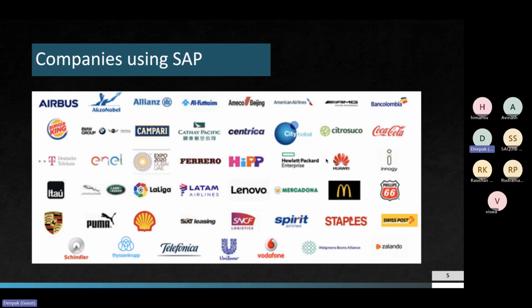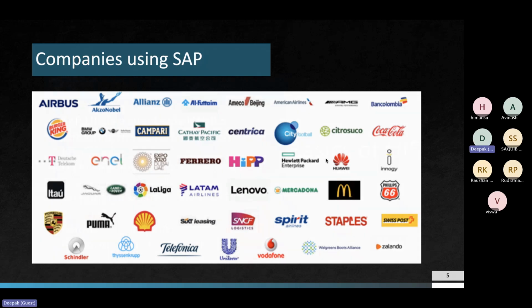These are some companies that are using SAP, a very small list; the list goes on and on. We have some familiar faces like Burger King, McD, Coca-Cola, and Puma.